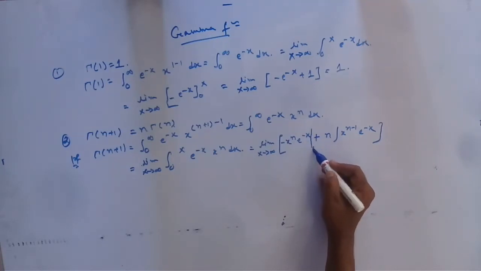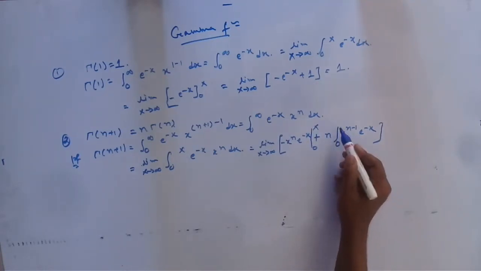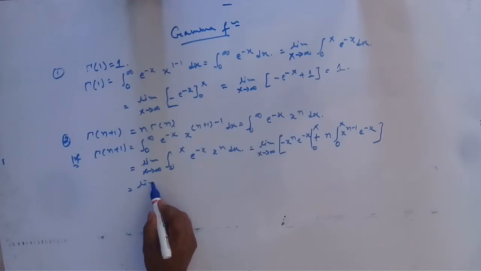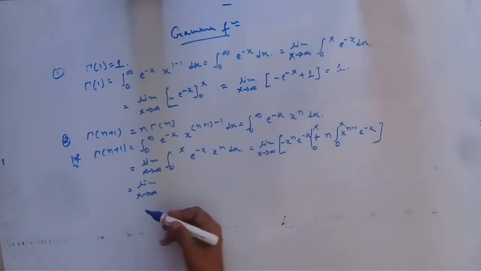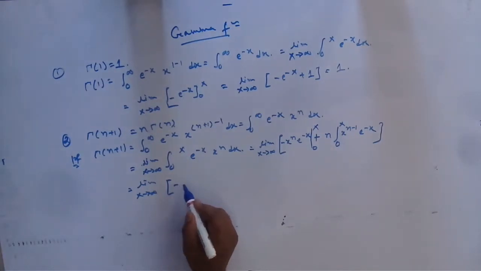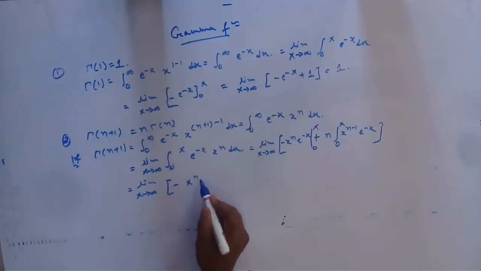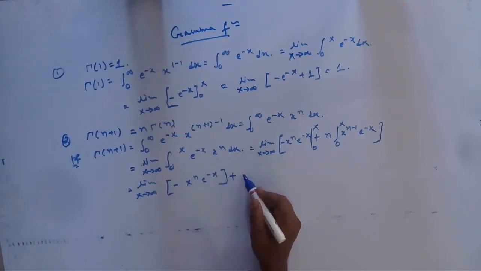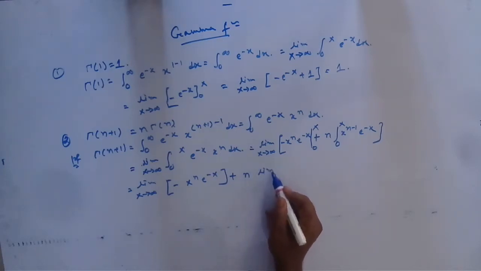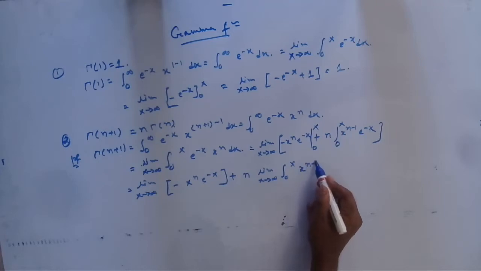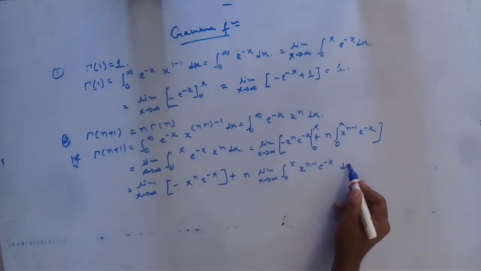This will be from 0 to x, this will be from 0 to x. Now this is equal to limit x tends to infinity of minus x to the power n e to the power minus x, plus n limit x tends to infinity integral from 0 to x of x to the power n minus 1 e to the power minus x dx.